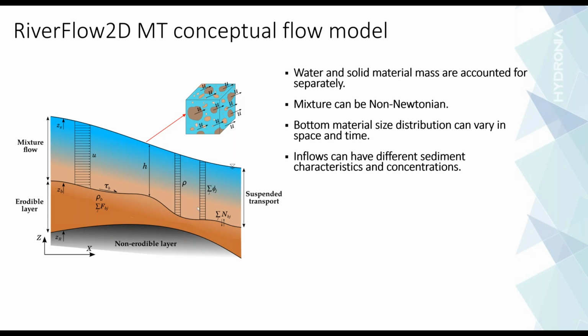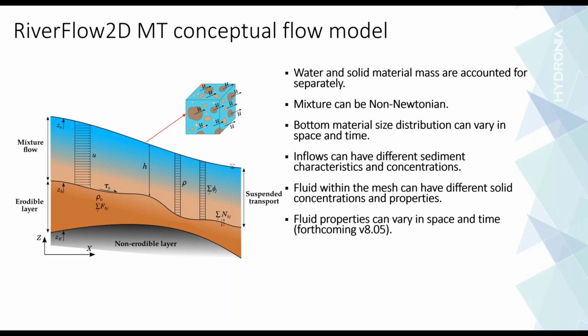The inflows can have different sediment characteristics and concentrations. The fluid within the mesh can have different solid concentrations and properties. The fluid properties can vary in space and time also, not only what is in the bed, and it can do erosion and deposition. So the bed is not a fixed bed.